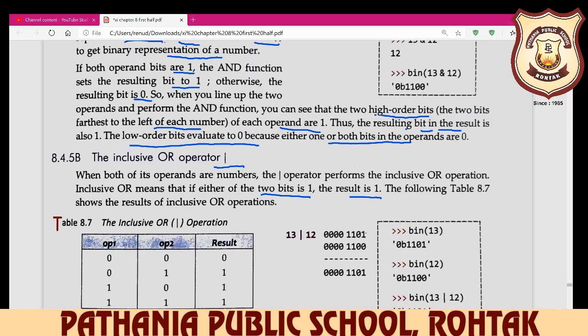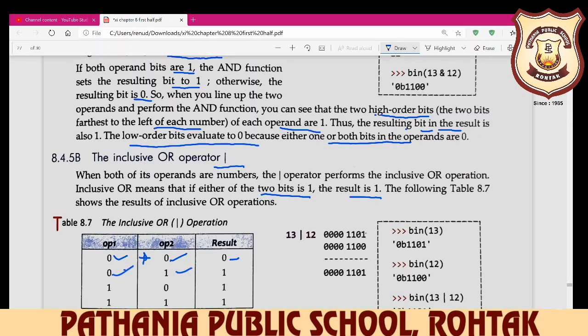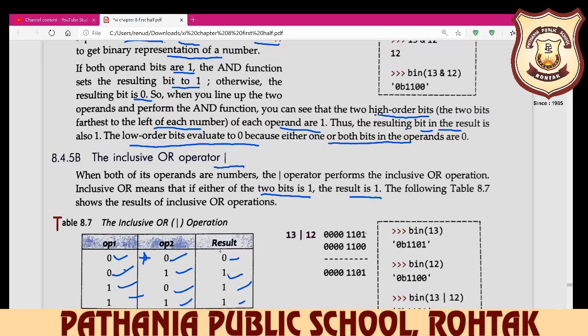In OR you already know the plus symbol: 0 plus 0 is always 0, 0 plus 1 is always 1, 1 plus 0 is always 1 and 1 plus 1 is always 1. So you get the false value only when both the operands are 0.